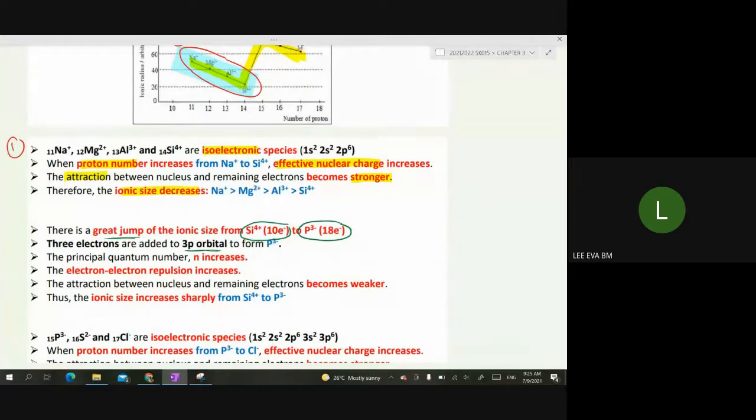Pun boleh. Okay, then we are comparing the number of shells. So if you're looking at the silicon, 10 electrons, we only have 2 shells. Phosphorus 3 negative, yang ini ialah silicon 4 positive. Phosphorus 3 negative, okay, we have 1, 2, 3 shells in order to accommodate your 18 electrons.